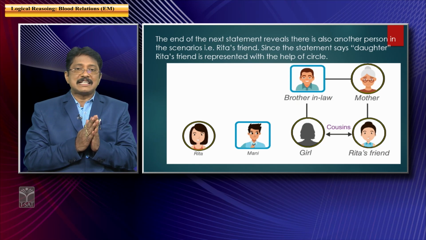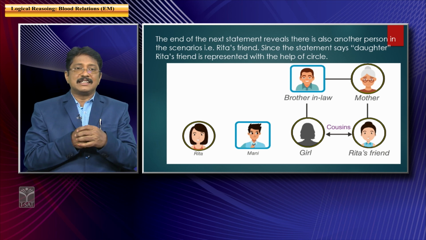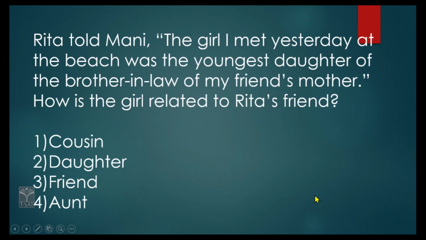Now, what is the given information? The next statement reveals another person in the scenario, Rita's friend, represented with the help of a circle. The statement says, the girl I met yesterday at the beach was the youngest daughter of the brother-in-law of my friend's mother.